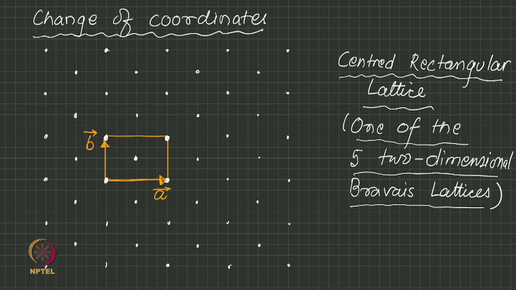But the cell they generate, as the name itself suggests, is centered. So, the cell they generate is not primitive. So, it is not a primitive unit cell of this lattice. Correspondingly the basis vectors A and B are not primitive basis vectors. This is nice because this shows the symmetry.